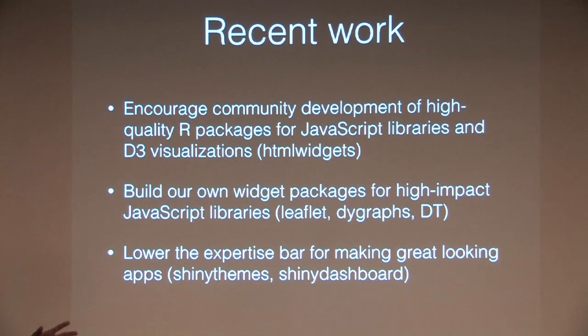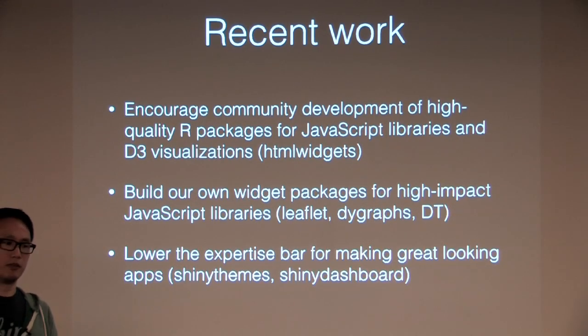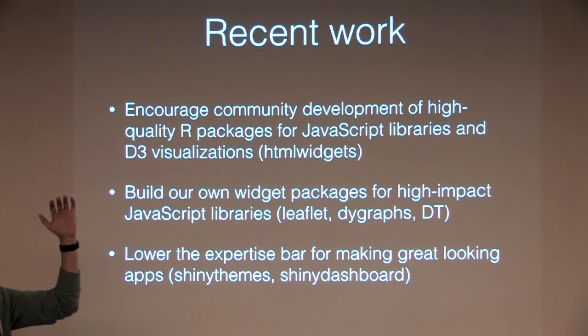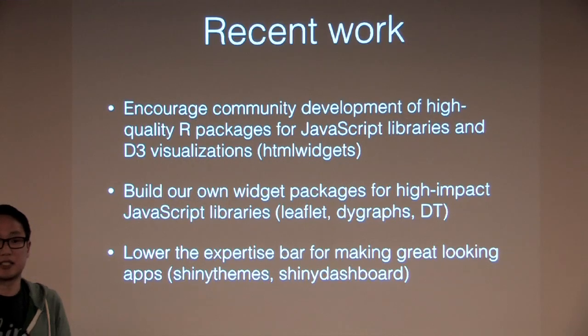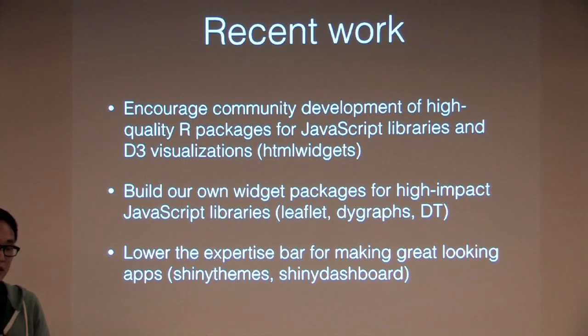And third, outside of HTML widgets, we want to lower the bar for making great-looking Shiny apps that don't all look like each other. If you happened to notice in that quick fly-through of screenshots in the Shiny gallery, a lot of them have a similar look. That's not a limitation of the technology. That's just the map that we've laid out in the jungle so far, or with superhighways, or I've broken the metaphor.